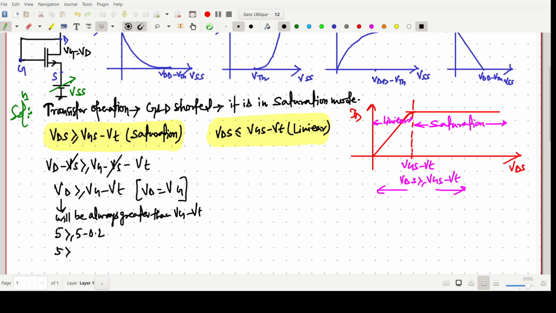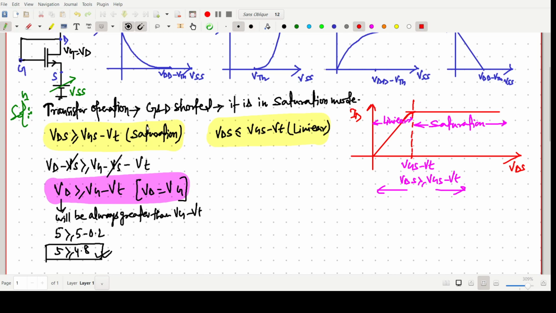So this 5 will always be greater than the remaining term. So you can simply say this one is in the saturation region due to this concept. If a diode connected pair is there, we can easily say it is in the saturation region.